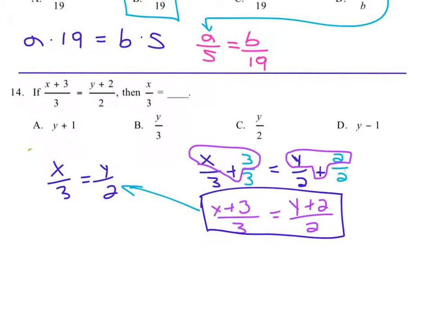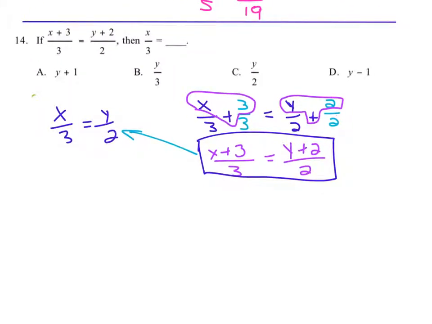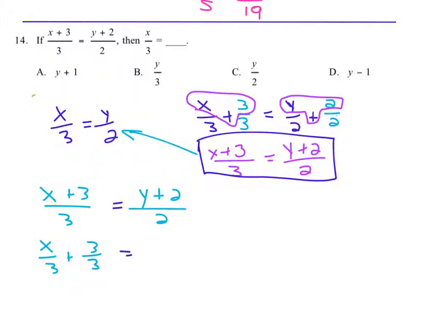If I shift this up and write what that would look like, let's start with that: x plus 3 over 3 is just the same as x over 3 plus 3 over 3. And the same thing on the other side: y plus 2 over 2, you can split up so they have the same denominator but are two different fractions, y over 2 plus 2 over 2.